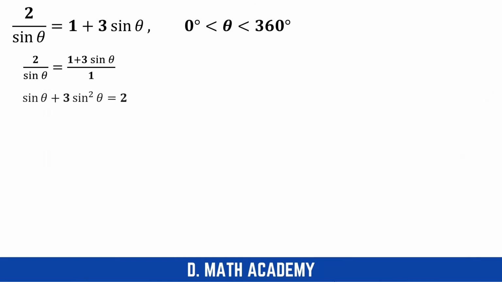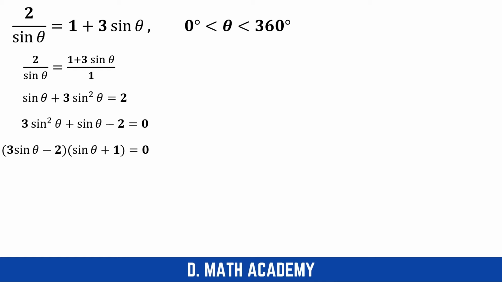So you rearrange everything into the format where the one with square at the front, the one without square at the center, the one without unknown at the last, and then equals to 0. So the unknown here is actually our sine theta. After you run the factorization process, if you couldn't do this, you can actually set sine theta equals to x, then you have 3x squared plus x minus 2.